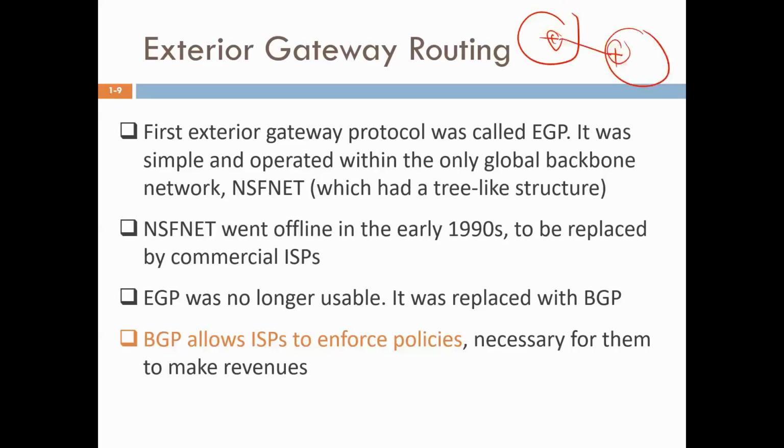Because you don't own the switching equipment at the other ISP, you cannot use an interior gateway protocol, because an interior gateway protocol would simply find the best or optimum path. That works only if everything is owned by the same administrative entity or the same autonomous system. But if we are jumping from one autonomous system to the other, we have to use an exterior gateway routing protocol, and there is actually only one running in the world, which is called BGP, or the Border Gateway Protocol.